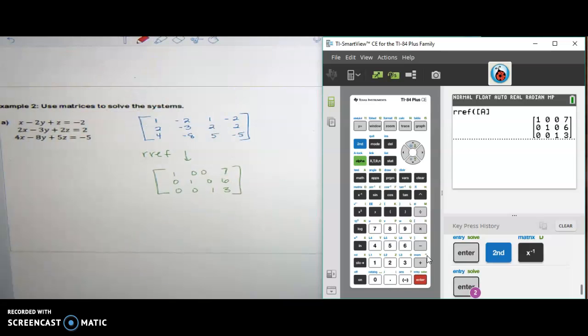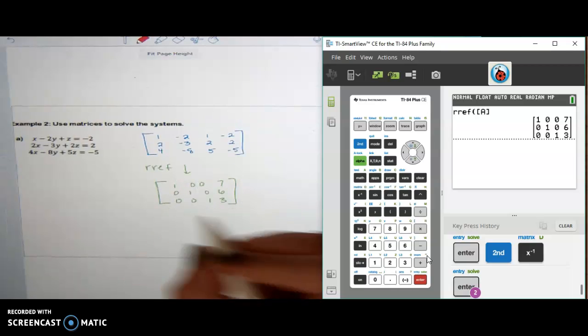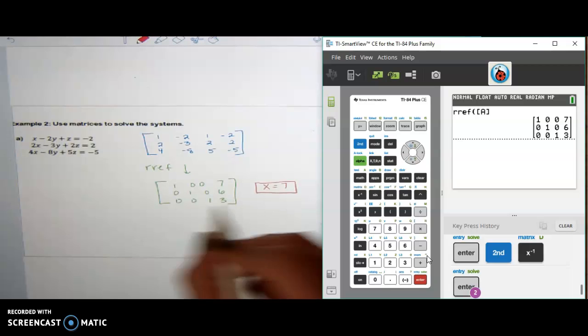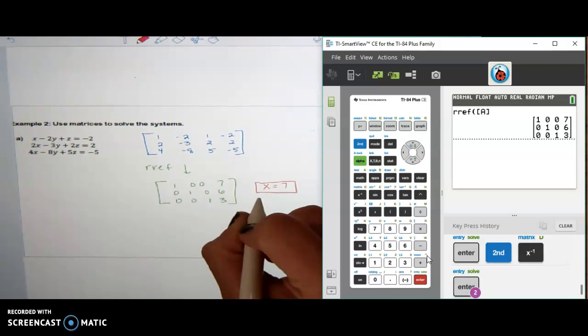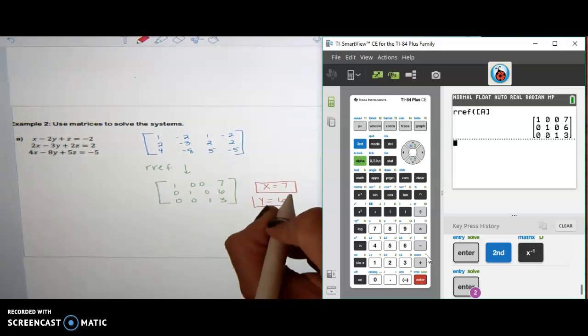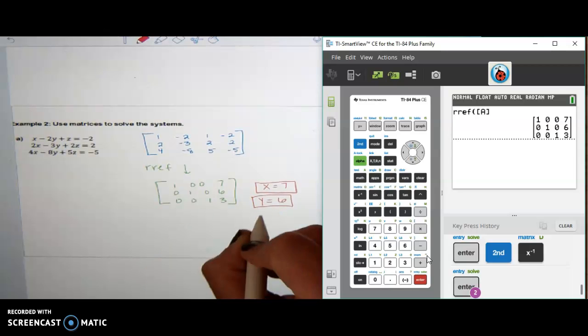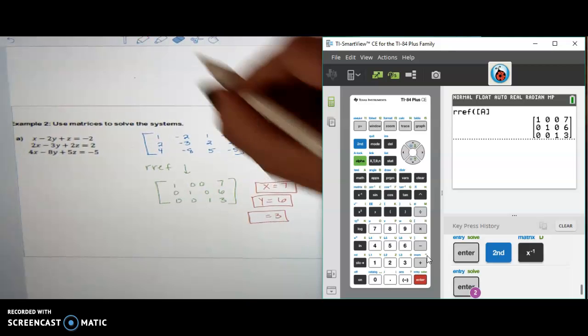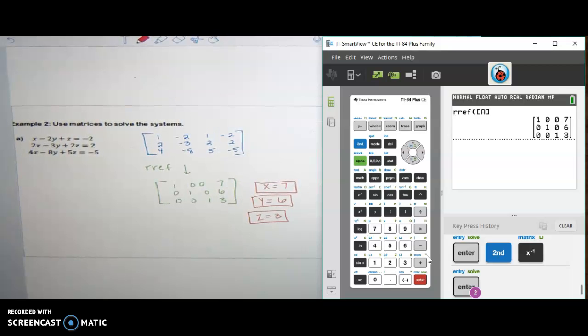So from that top row that says x equals 7, it says y equals 6, and that says z equals 3. So that has solved your system of equations. So remember, that's just the function math B on there.